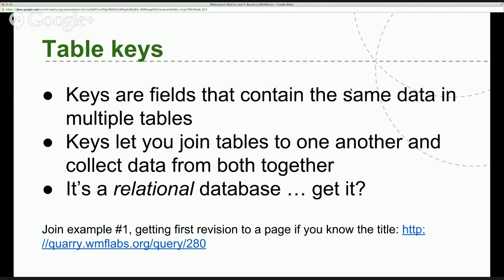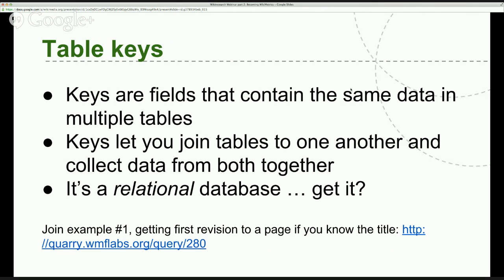So table keys are kind of the magic thing about databases that use the MySQL language. They're called relational databases, which means that even though pages are in the page table and revisions are in the revision table, there are some fields that contain the same data between those tables.